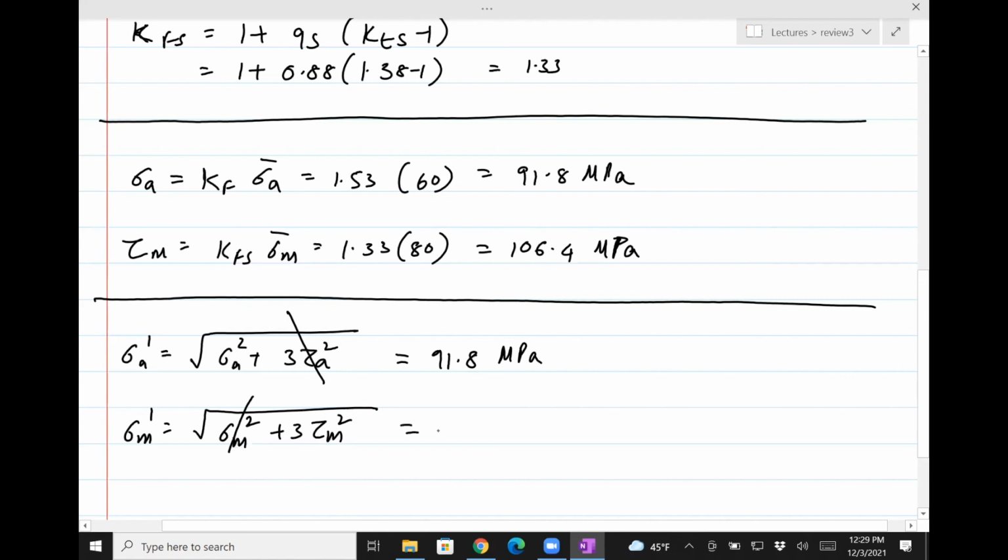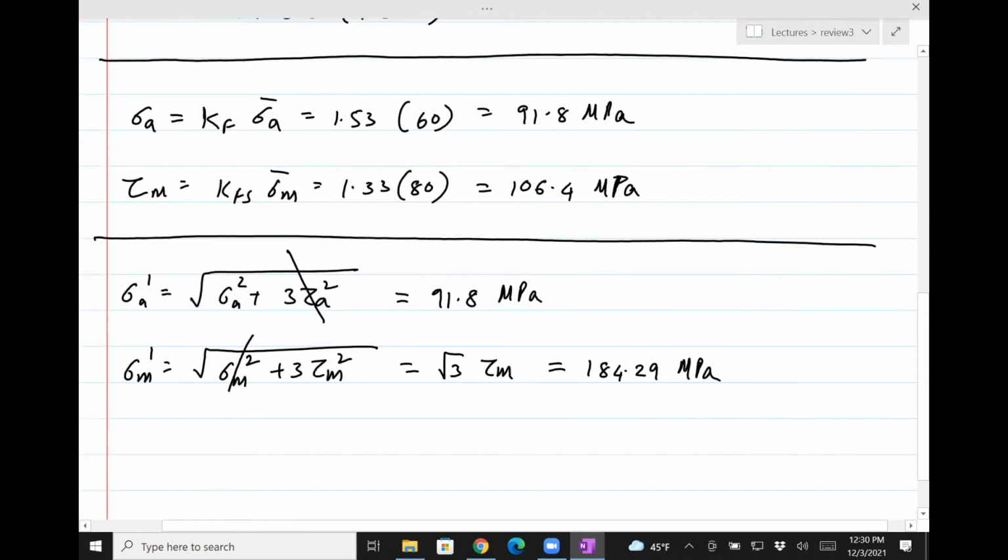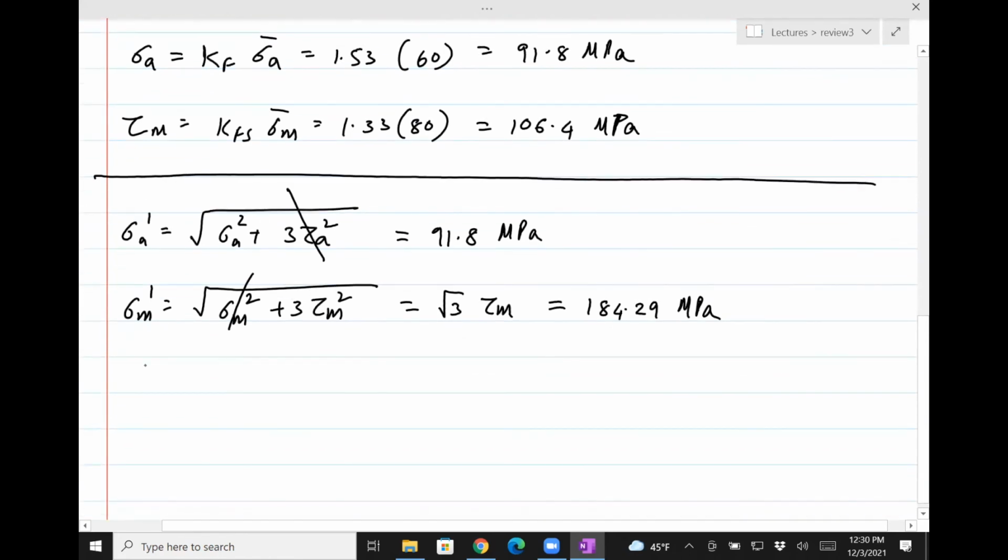So this will come out to be square root of 3 times tau M, which is 184.29 MPa. Tau A is 0 because it's not given, so it's assumed to be 0. So those are the von Mises stresses.